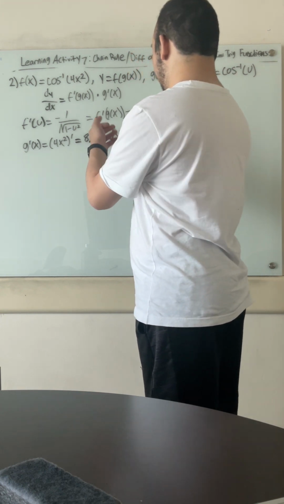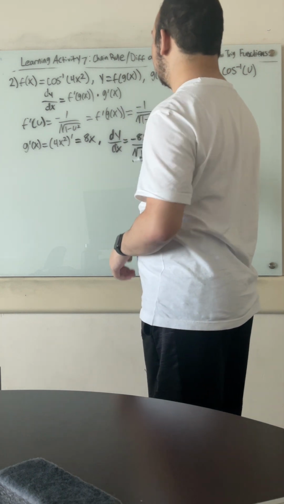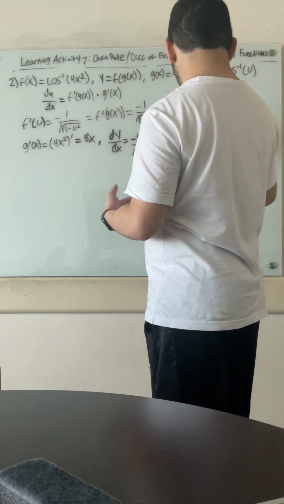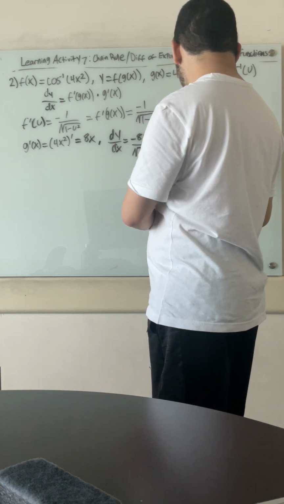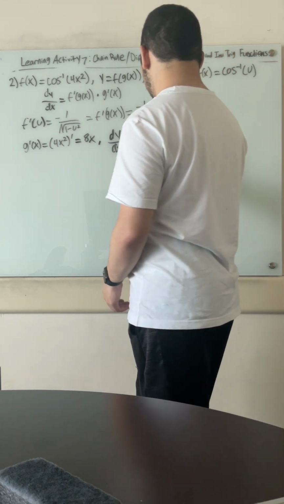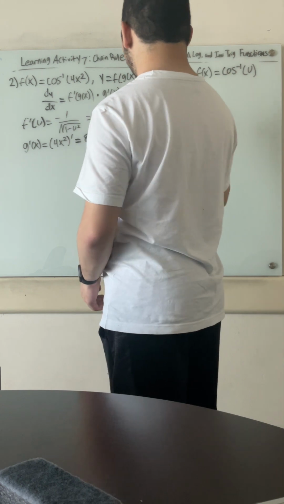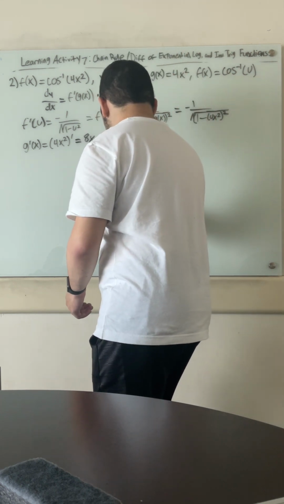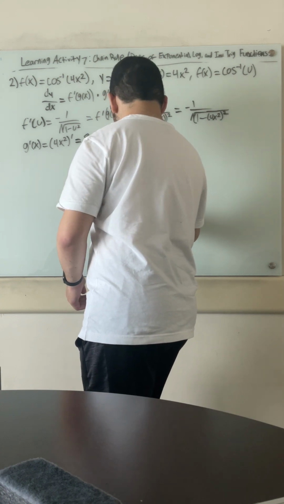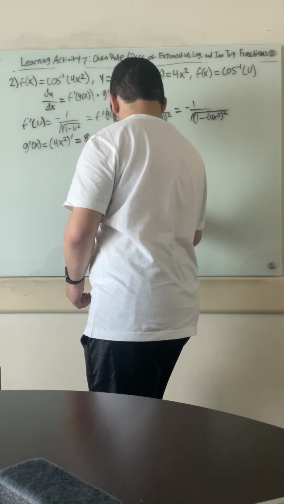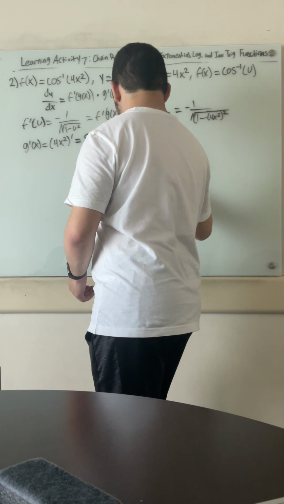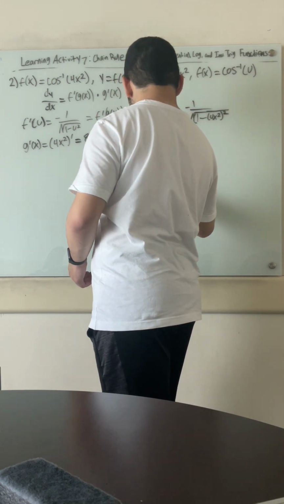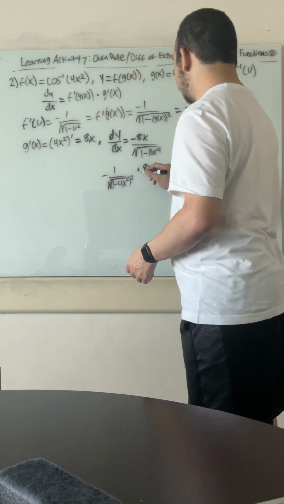So basically how I got this answer, we take our f prime of g of x, and then we multiply it by our 8x.